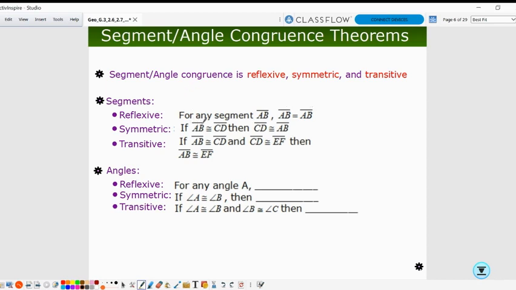If segment AB is congruent to CD, then CD is congruent to AB. That's an example of your symmetric congruence theorem. And the transitive theorem: if AB is congruent to CD, and CD is congruent to EF, then AB is congruent to EF. See if you can fill in each of these theorems for angles.